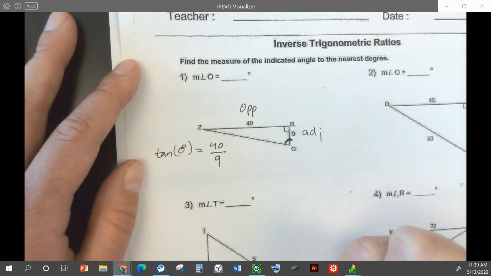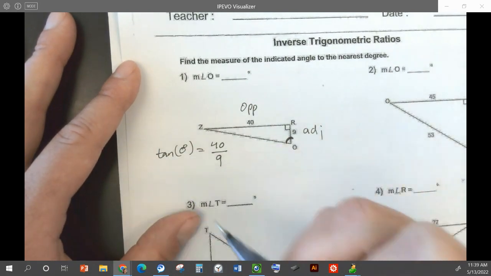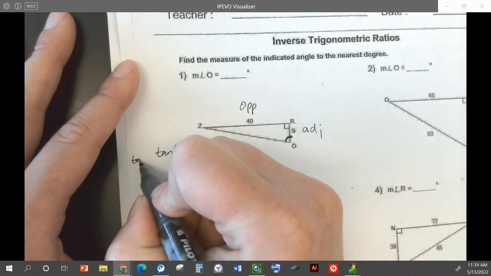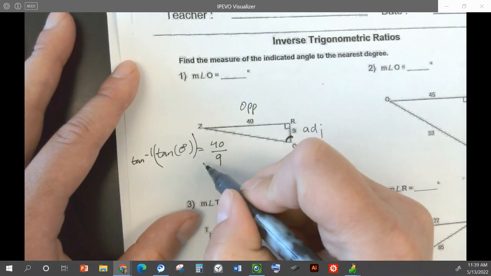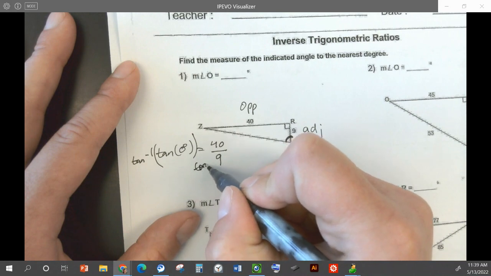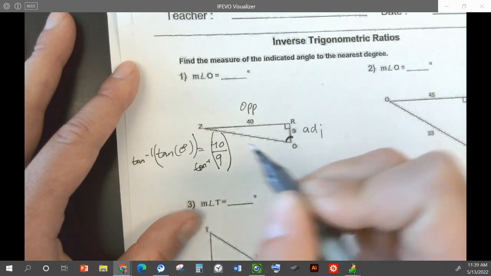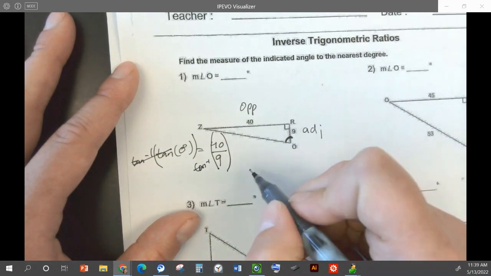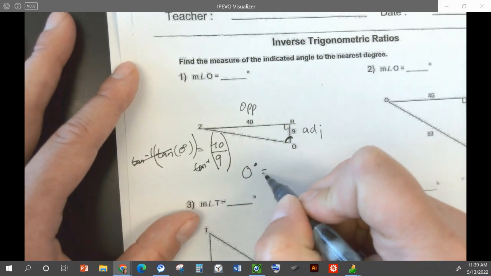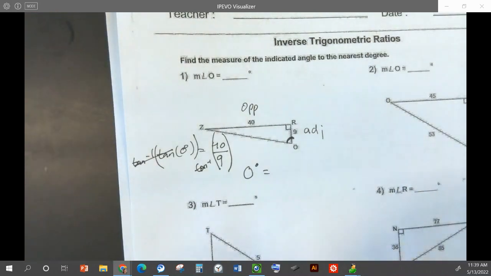And then I just need to do one more step. I need to get rid of tangent. I'm going to do the tangent inverse. Tangent inverse of this side, tangent inverse of this side. So tangent inverse cancels tangent. So angle O is whatever that is, tangent.